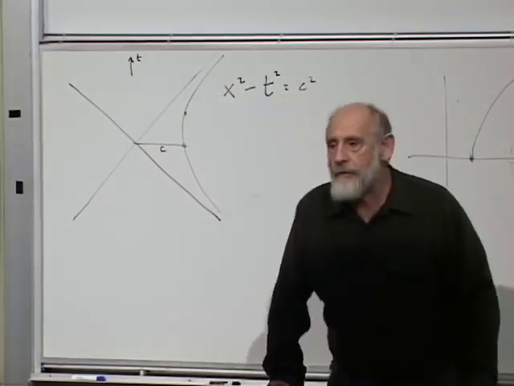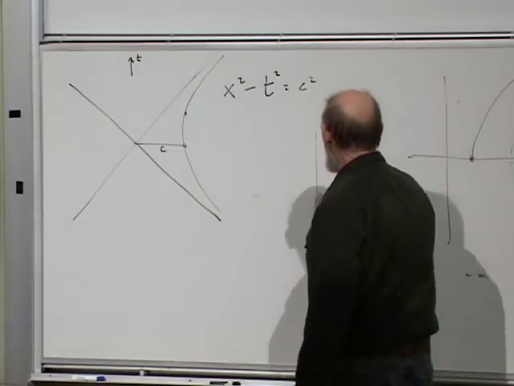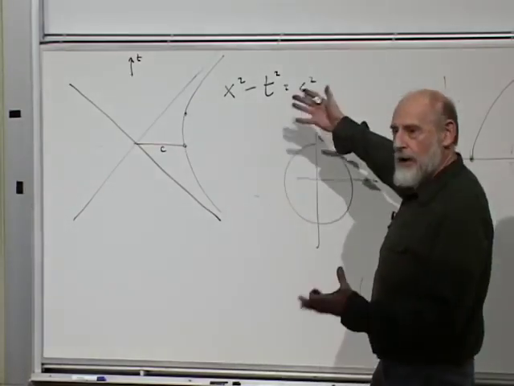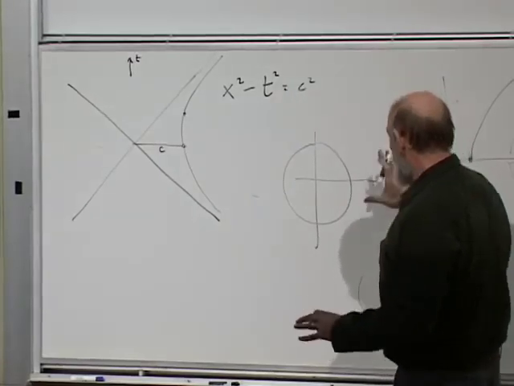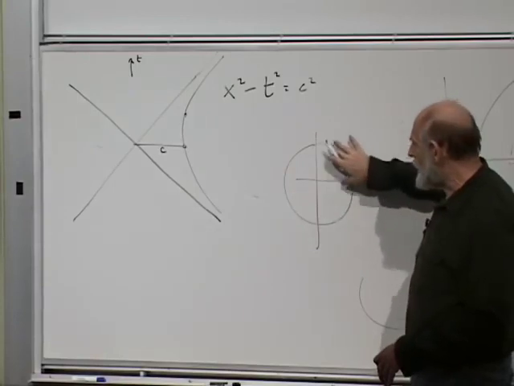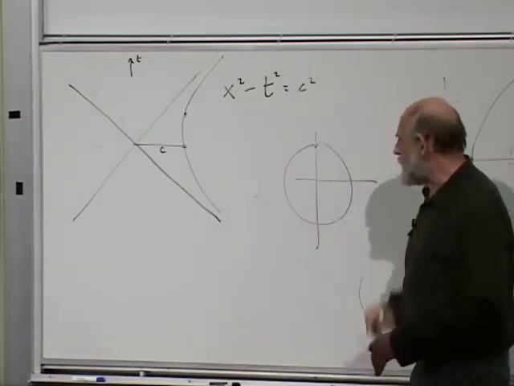The mathematics of this is almost the same as saying you have a circle which would be x squared plus y squared equals a constant, and saying that a rotation preserves the circle. A rotation about the origin preserves the circle.